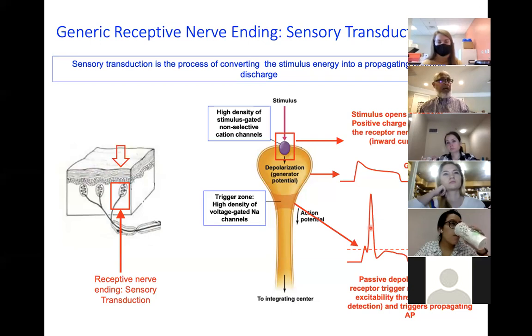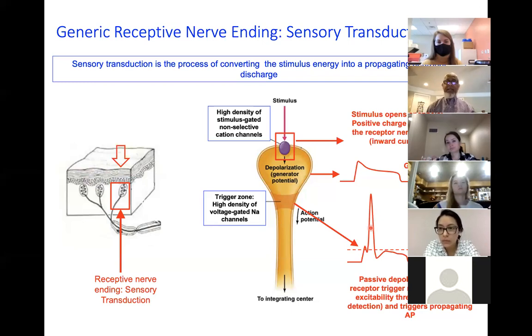But if it is something like acetylcholine, the signal will quickly travel through the synaptic cleft and create an action potential in the next nerve, and then the action potential will travel in the next nerve. So that is how the signal travels. Again, all nerve signals travel as action potentials.